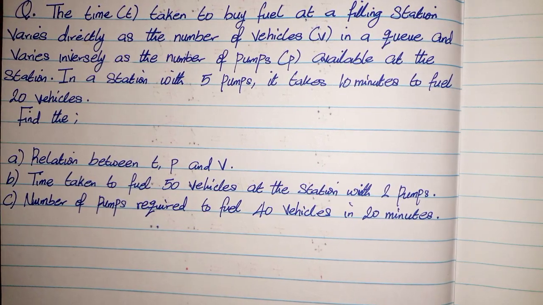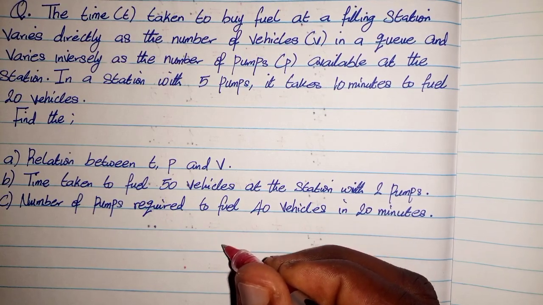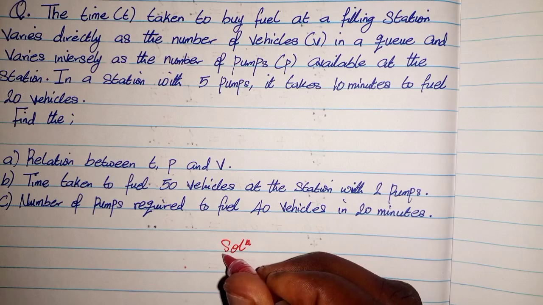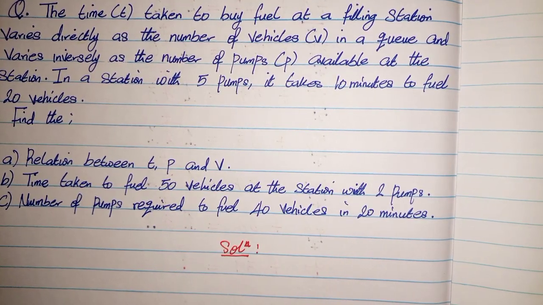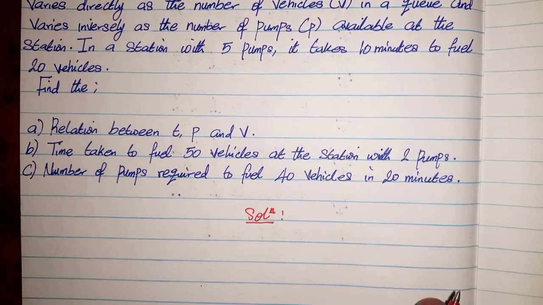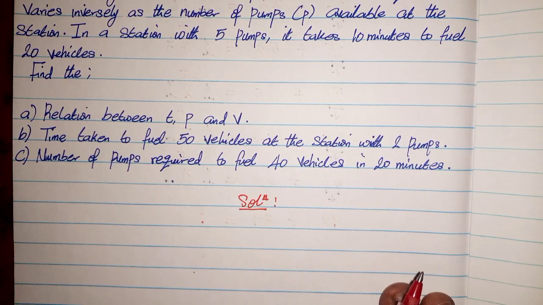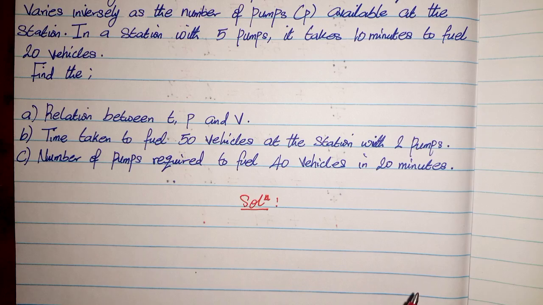So the first thing we need to do is to write down our solution. We need to answer the question one after the other. The first thing we need to do here is to recognize that we are having two proportionalities.